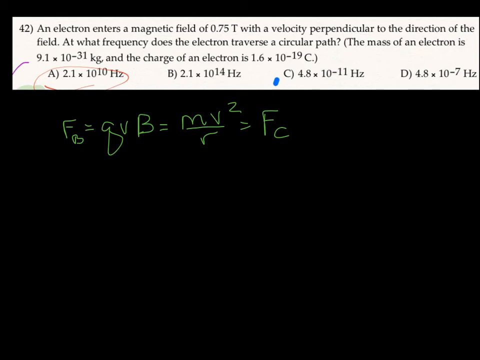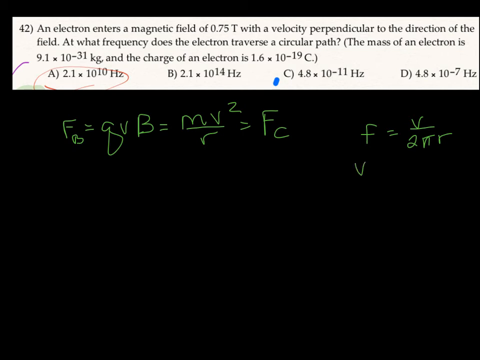Okay, so then we said that the frequency is equal to V over 2 pi r. That's what we figured out before. Our frequency is going to equal our velocity divided by 2 pi r.